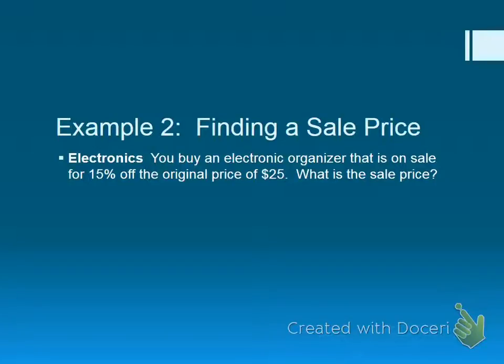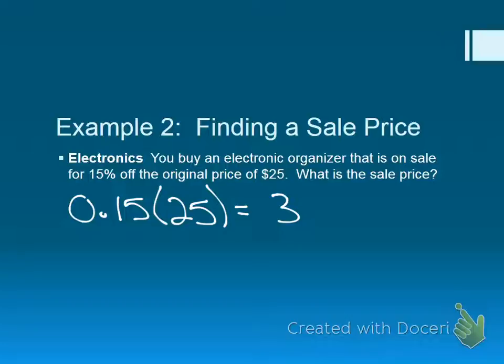Well, your first step, good news, is the same as example 1. You're finding, okay, how much money is this percent of this original? So 0.15 times 25 gives me how much of a discount? $3.75.